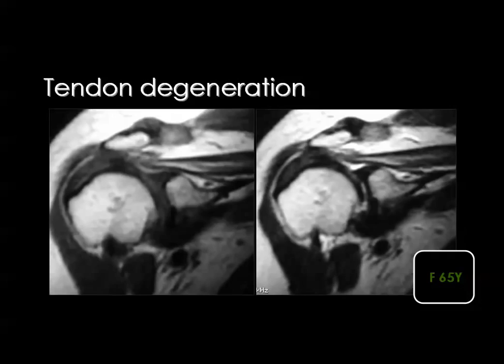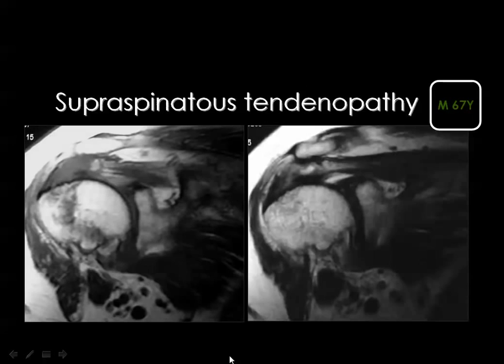In this particular example, you can appreciate that the supraspinatus muscle is relatively atrophic, and you can identify also linear fat signals within the muscle, and you can know the cause, as this patient is old, and in old age you may see or notice some atrophic changes in all the muscles of the shoulder girdle.